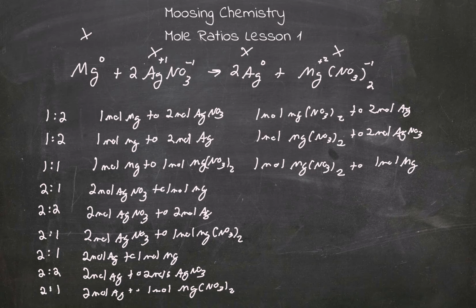Over here you have a 1 to 2, then you have a 1 to 2 ratio, and then you have a 1 to 1 ratio.